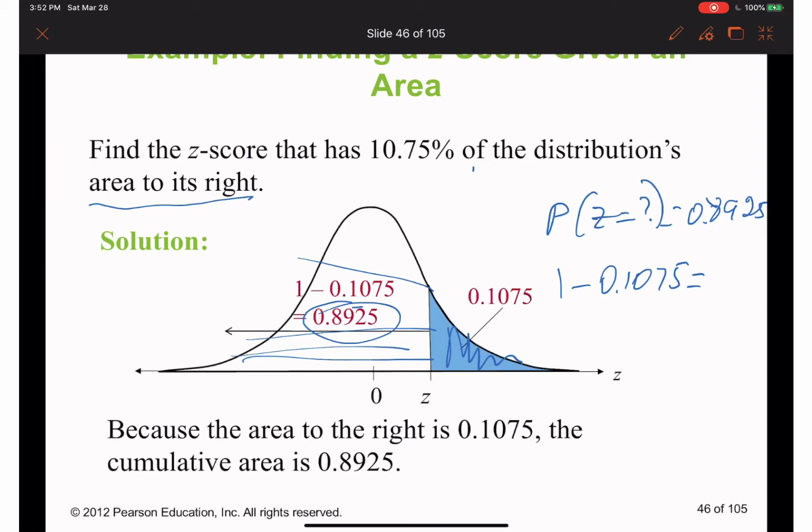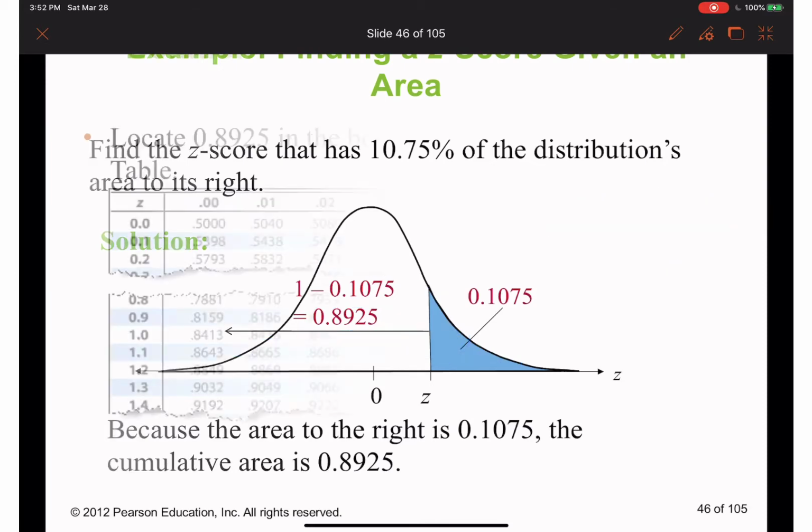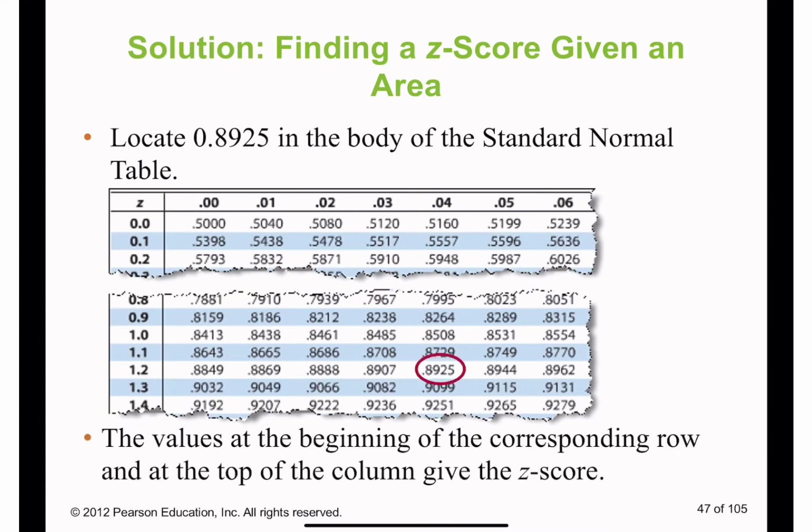So in the table, 0.8925 is going to match the z-score 1.24. Indeed, 0.8925, that is 89.25%, and that means the z-score is going to be 1.24.